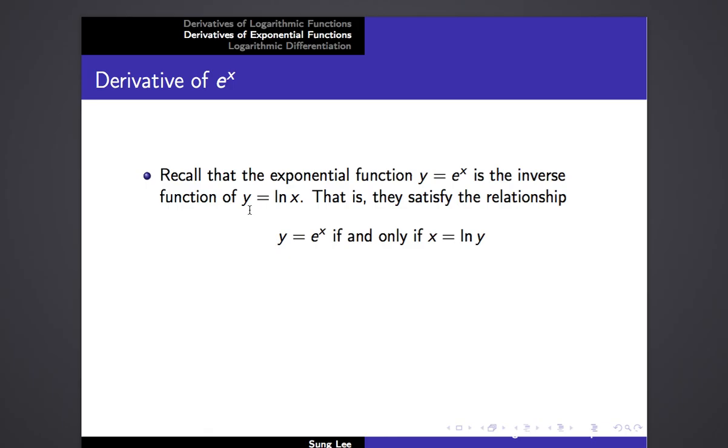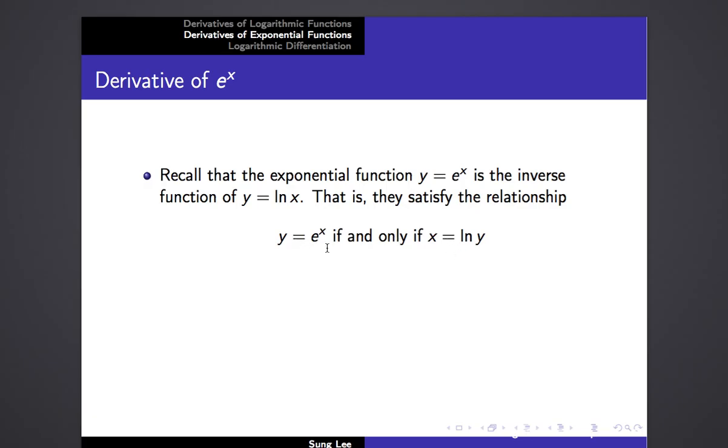You can define the exponential function first, and then define the log function ln x as its inverse, or vice versa. So they are sort of inseparable. That means they satisfy the following relationship: y equals e to the x if and only if x equals ln y.